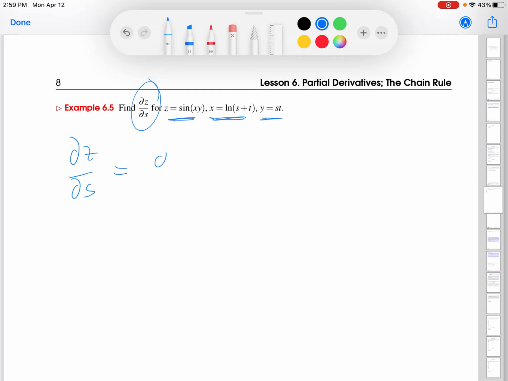We are going to write this down as z depends on x, partial z, partial x, depends on s, partial x, partial s, plus z also depends on y, partial z, partial y, and then y depends on s, partial y, partial s.